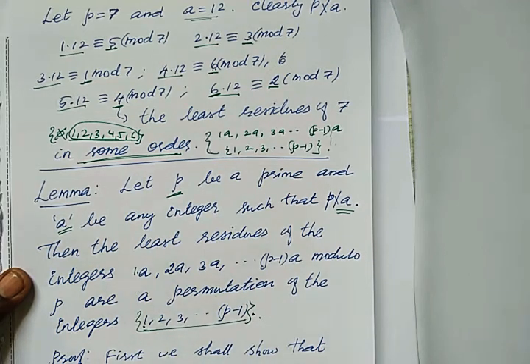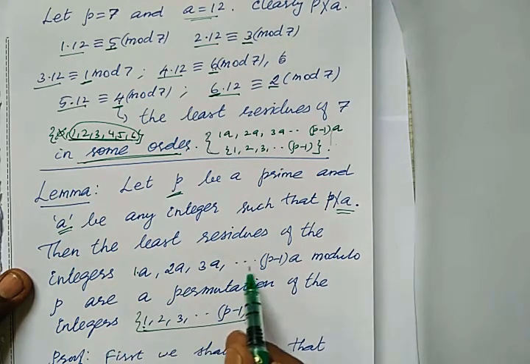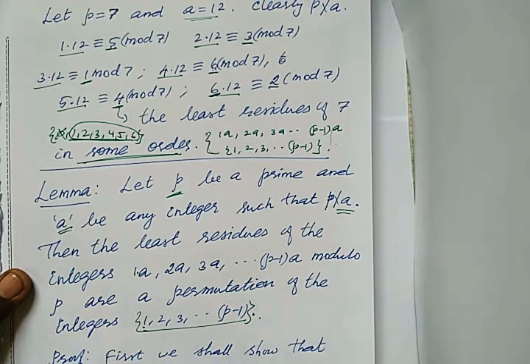So to prove this one, first we show that none of these numbers is congruent to 0 modulo P. What I am trying to say is we won't get the 0 residue at any time.